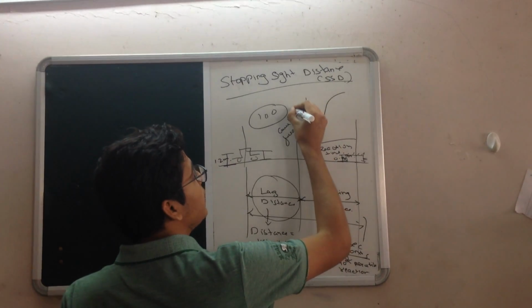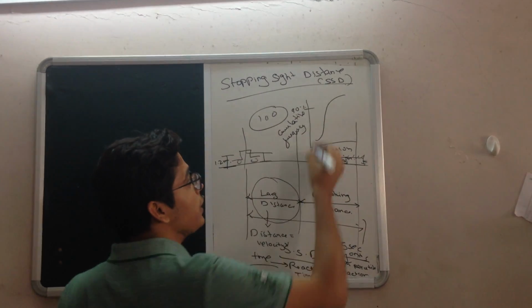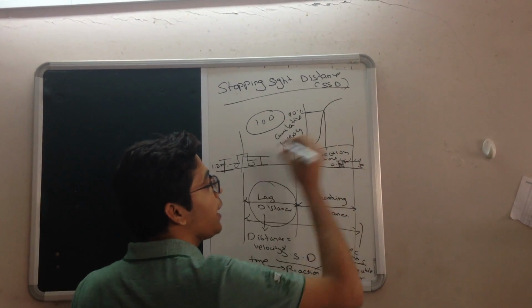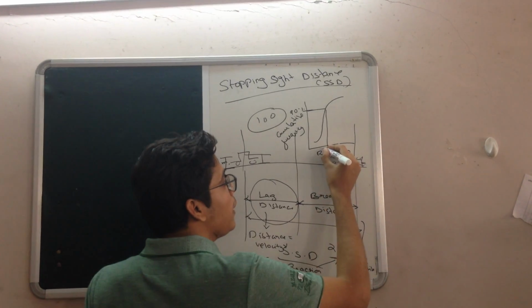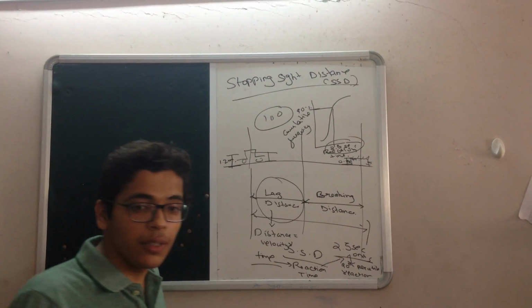Now consider the 90th percentile cumulative frequency. Take along this curve, extend it downwards. So the value that the IRC has obtained is 2.5 seconds.